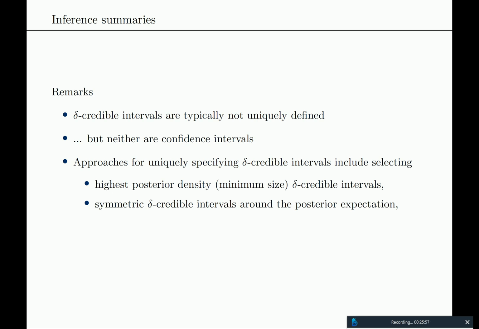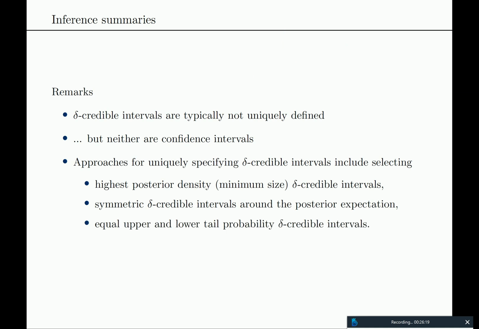So even if you have a non-symmetric distribution, something like this, though I can only draw symmetric things. Well, it's somewhat non-symmetric here. If you have the posterior expectation somewhere, then you say, okay, I want half of the mass here and half here.